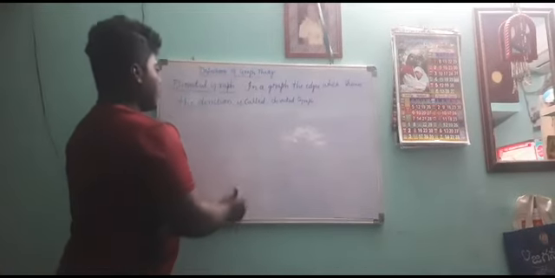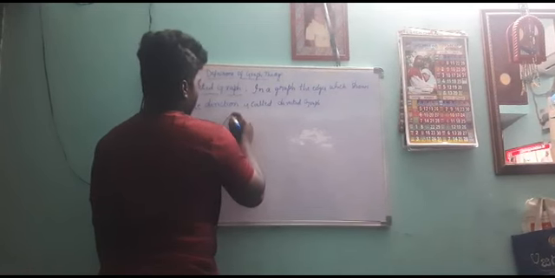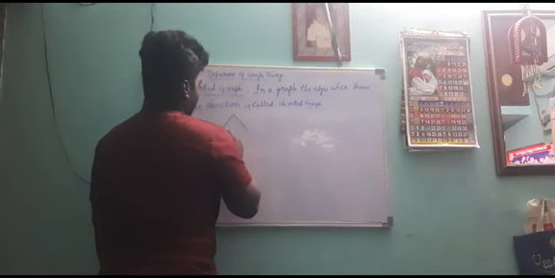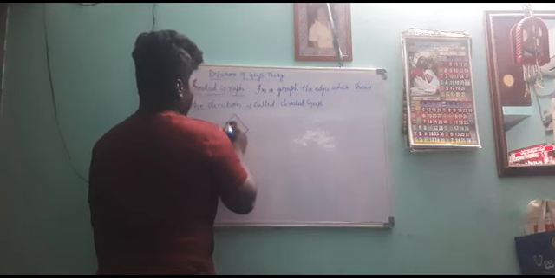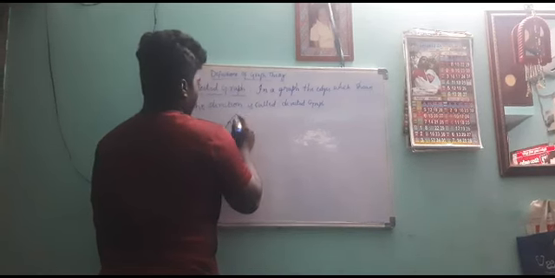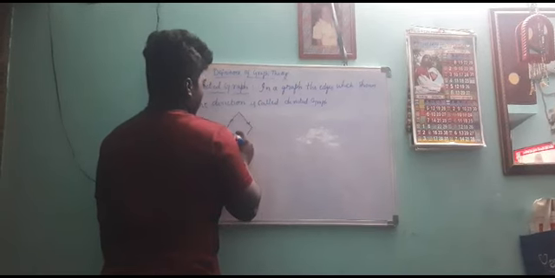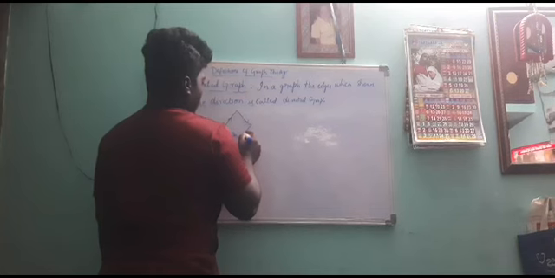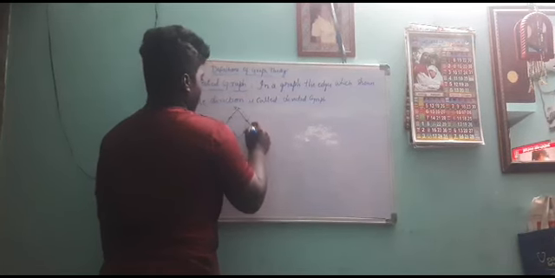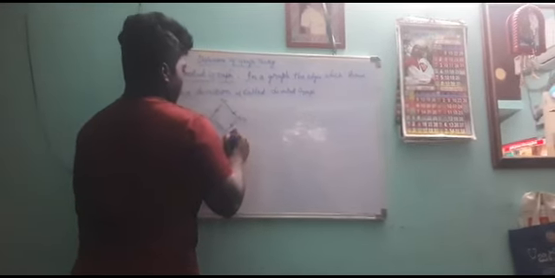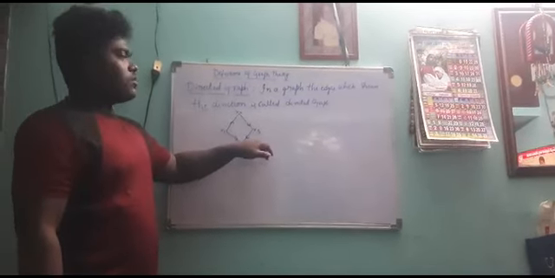Example. Here the edges show the direction, so it is called a directed graph.